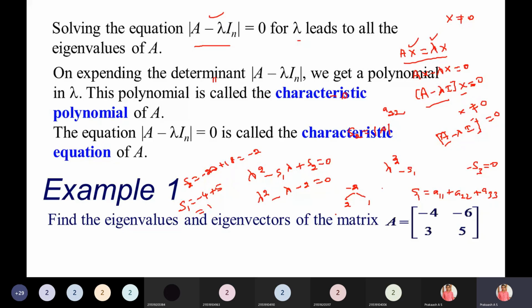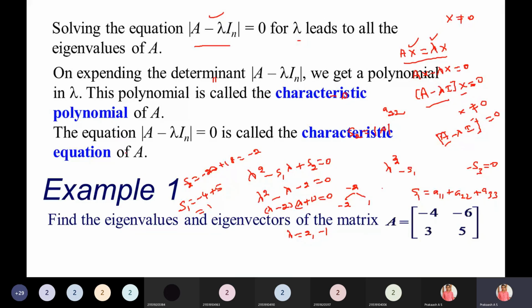The larger one must be negative. So that is lambda minus 2 and lambda plus 1. We can use the quadratic formula also, because it's complicated. So the roots are lambda equal to 2 and minus 1.